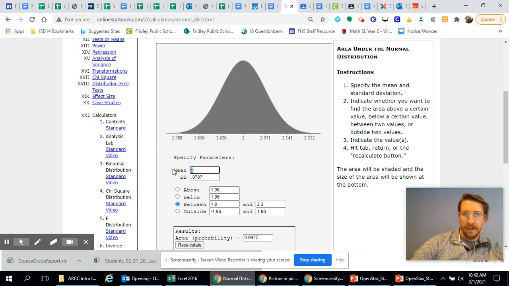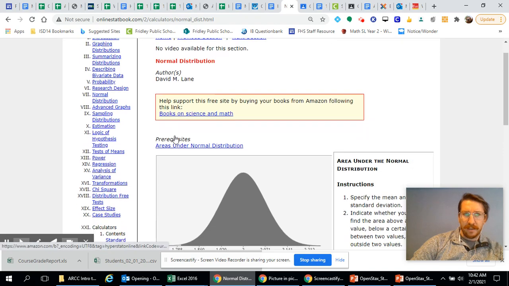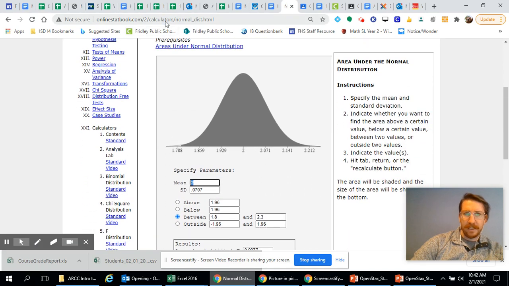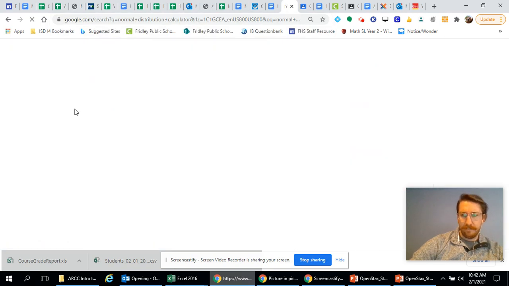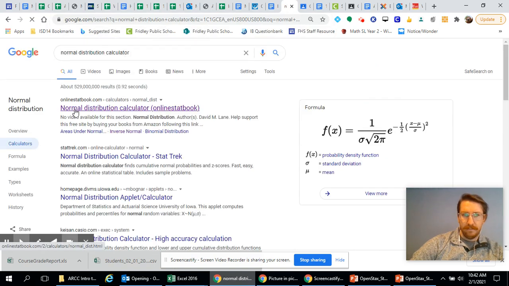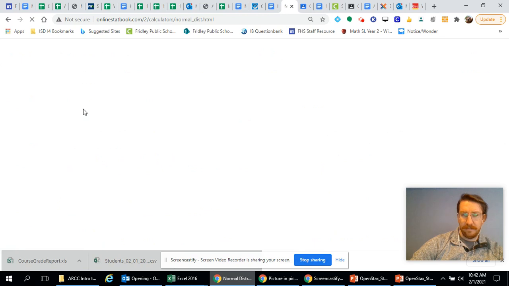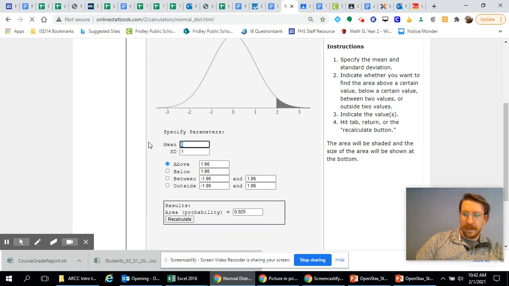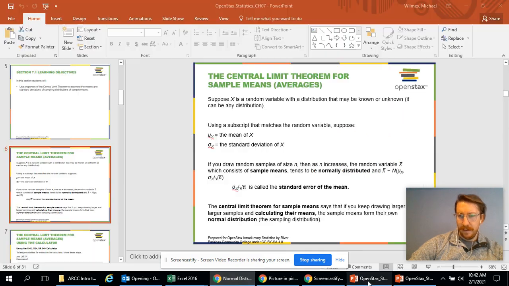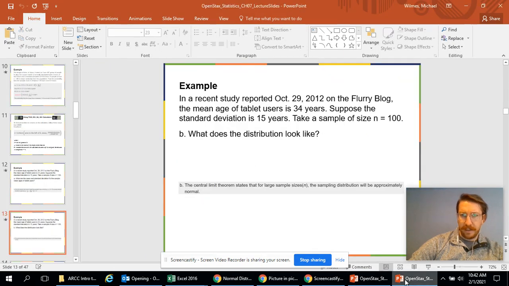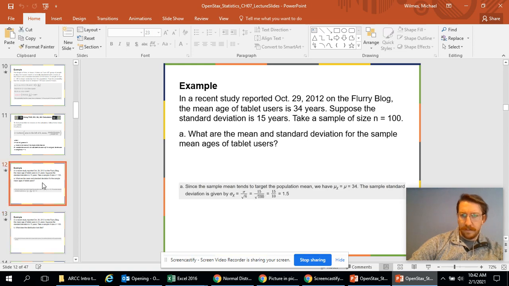We take that into our normal distribution calculator. Remember, to get this, you can just type in normal distribution calculator. The top one pops up. And our average was 34 and the standard deviation 1.5. We're calculating this between, what's the question?